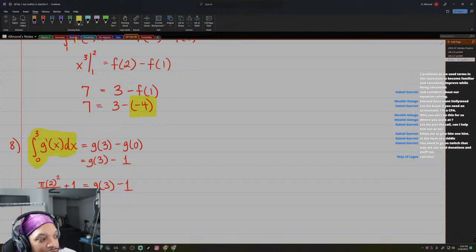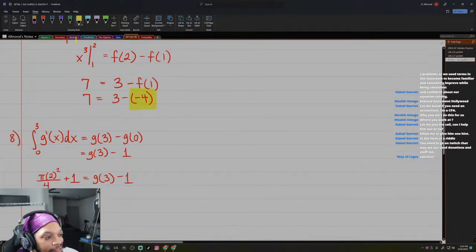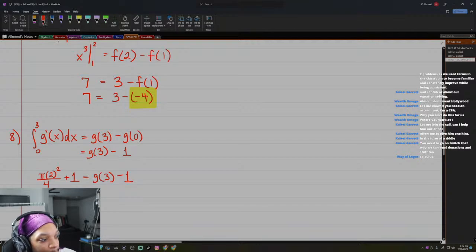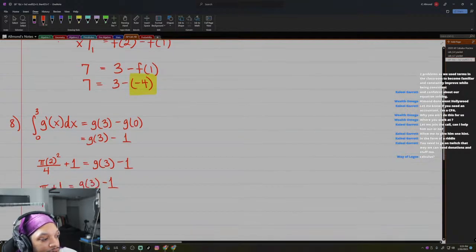They only asked for this part right here. Alright, that makes sense. Algebraically, to get g of 3, we just add 1 to both sides. So it'll be pi plus 2.